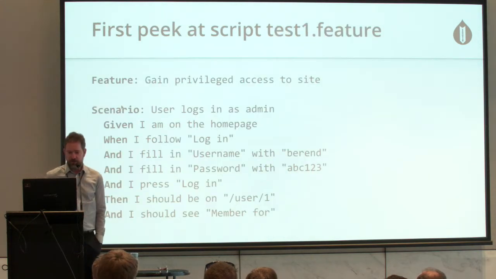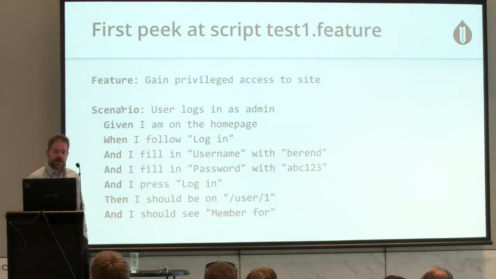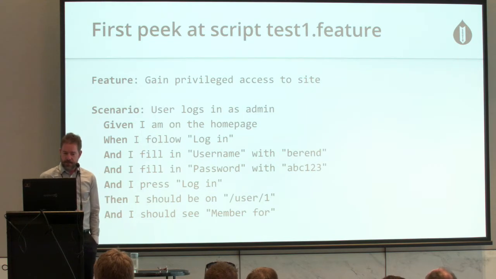That's pretty powerful. The test I just ran was this one. Basically, go to the home page. When I follow login and I fill in these things and I log in, then I should be on this particular page and I should see some kind of text.